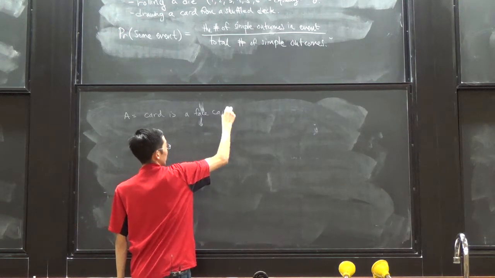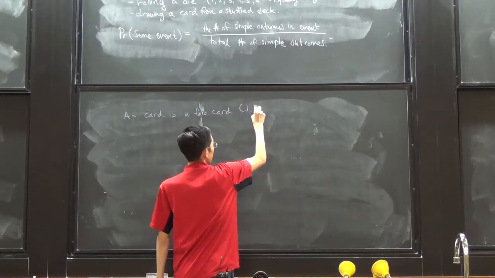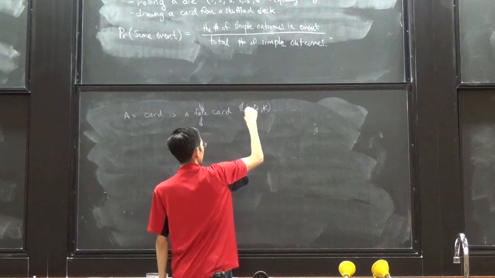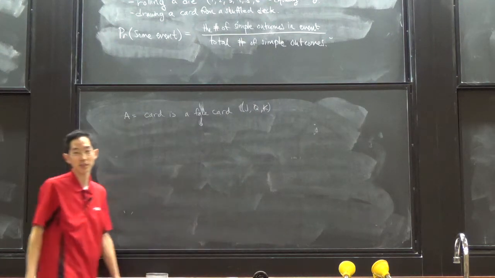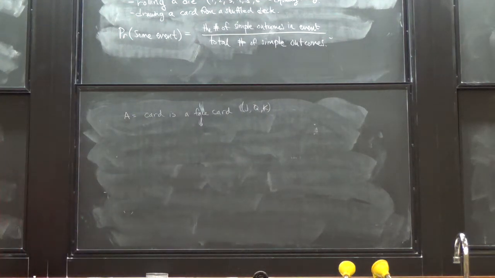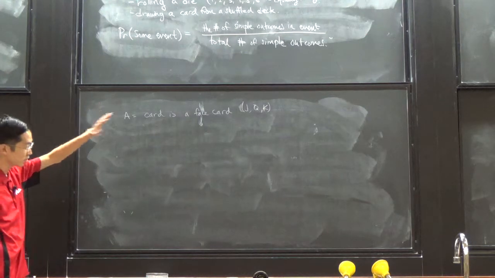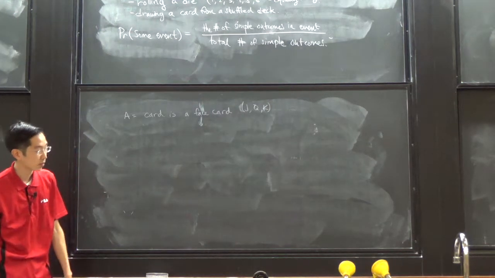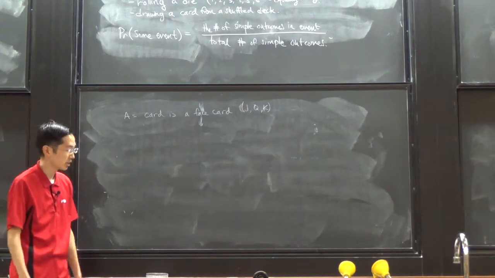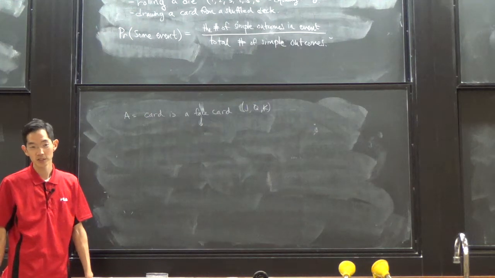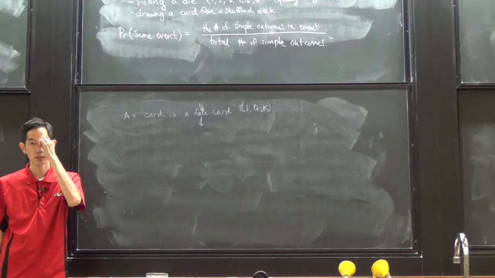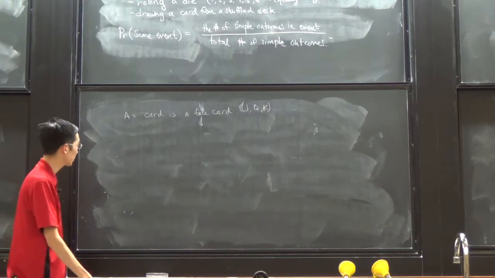A face card is Jack, Queen, or King. Ace is not a face card. There is no face on an ace. It's a high value card. But if we're talking about strict face cards, Jack, Queen, and King, what is the probability of drawing a face card from a shuffled deck? 12 out of 52.